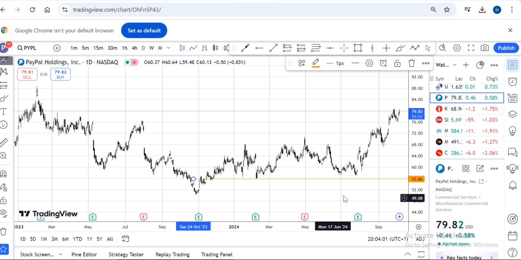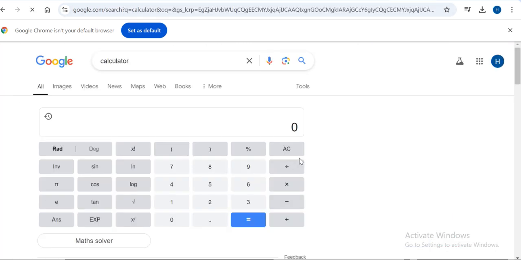So if you had invested here, at 55.86, we'll simply say 55.86 minus 79.84.